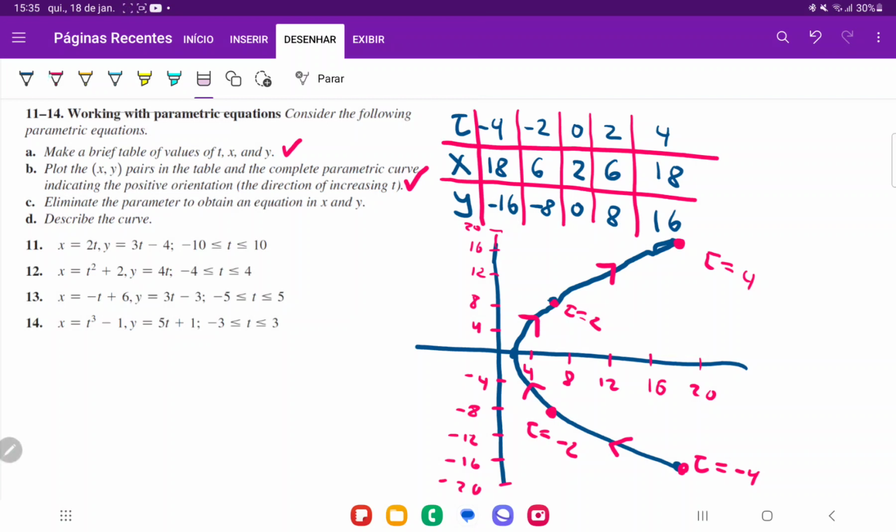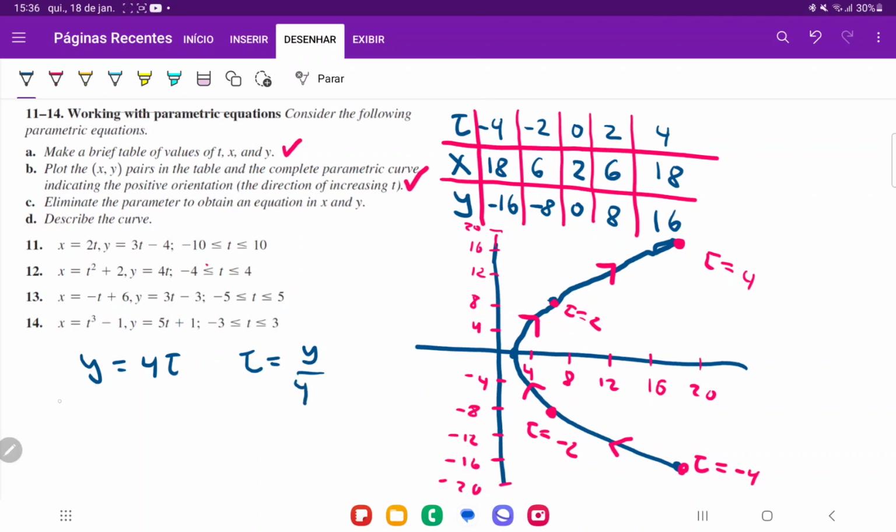So we're going to take this equation and express t in terms of y, because if we do so, then we can go to this t over here and plug in that expression of y, thereby eliminating the parameter t. So y is equal to 4t, which means that t is equal to, we divide both sides by 4, y over 4.